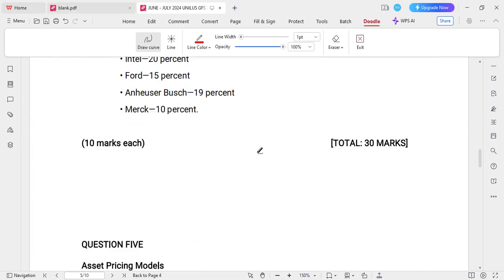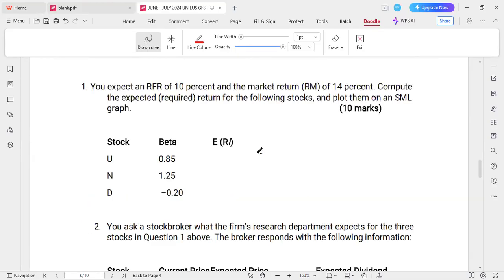So we can now get down to the other one. Risk-free rate is 10%. So this is a risk-free rate, 10%. And market return, the return of the market.